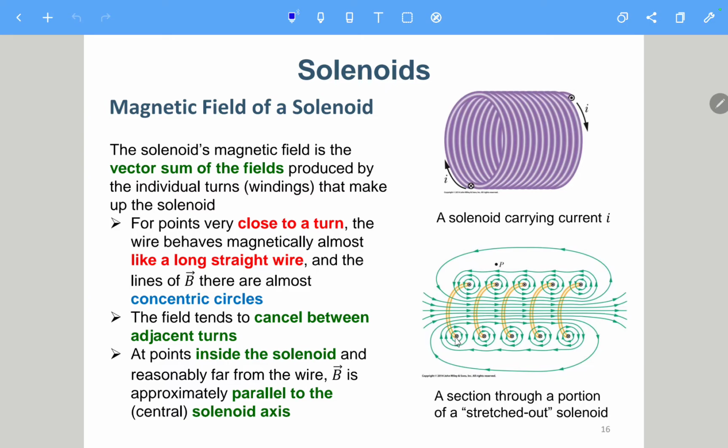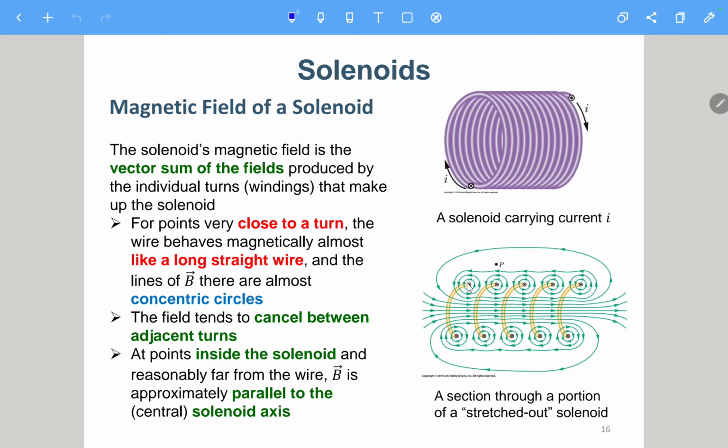Here you can see some of the concentric circles. This is going into the page, and this is going out of the page. For the lower point, the current is going into the page, so you can use the right-hand rule to determine the direction is actually clockwise, because if you use your thumb pointing into the page, your forefinger goes clockwise.